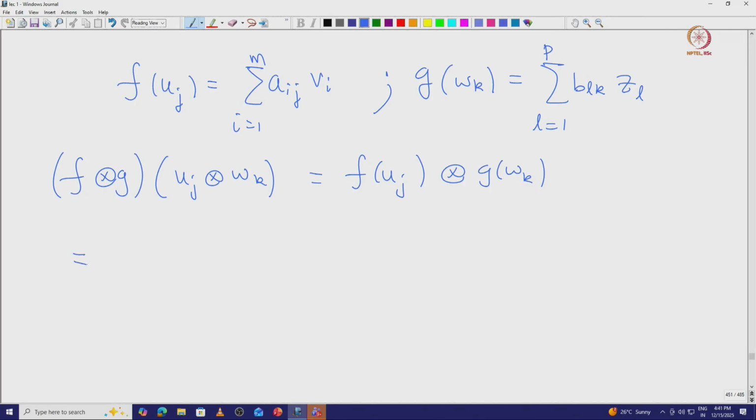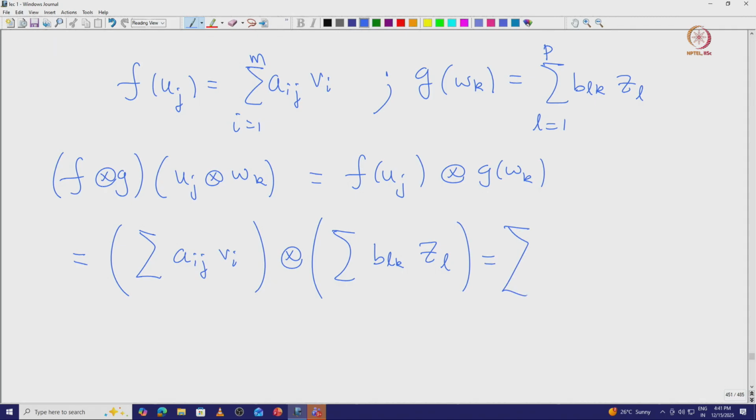So, this is going to be exactly equal to summation aij vi tensor summation blk zl, and now using the linearity in both variables, if we just rewrite this, this is going to be exactly equal to summation aij blk vi tensor zl.